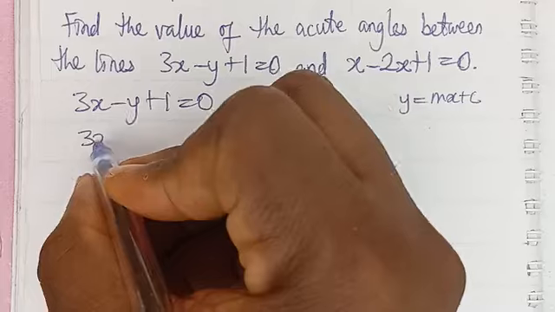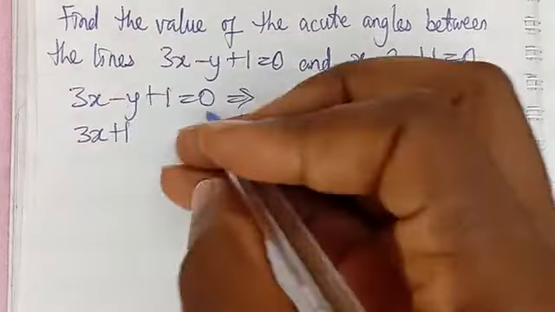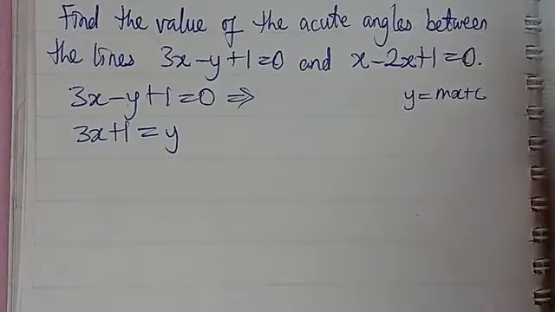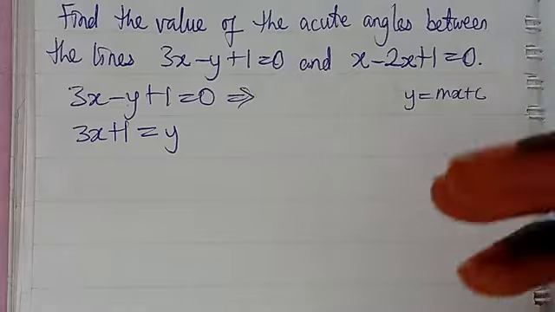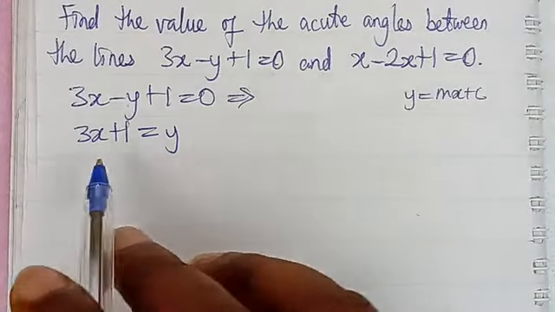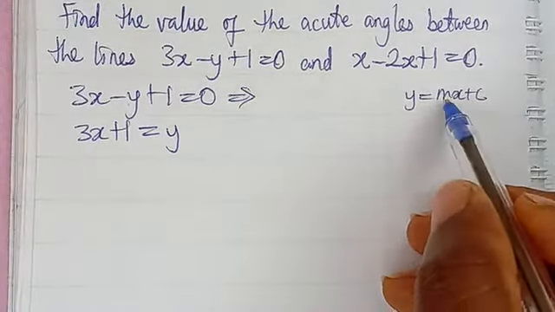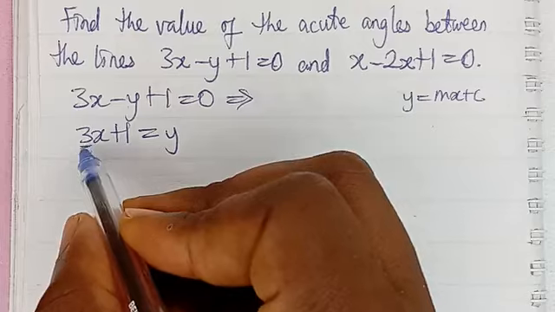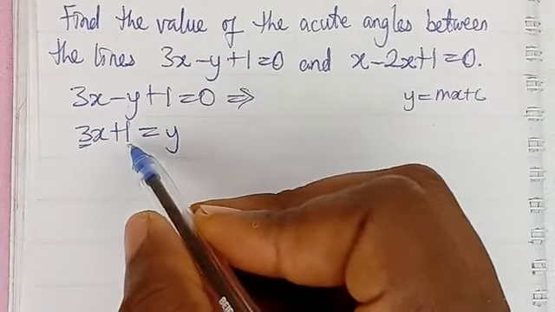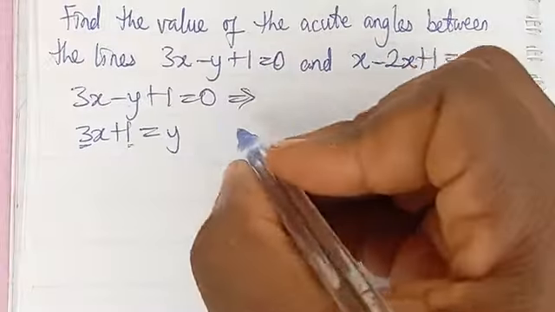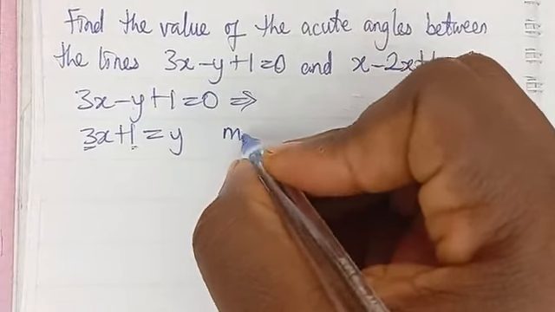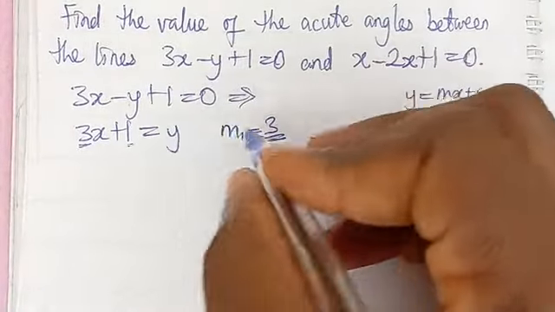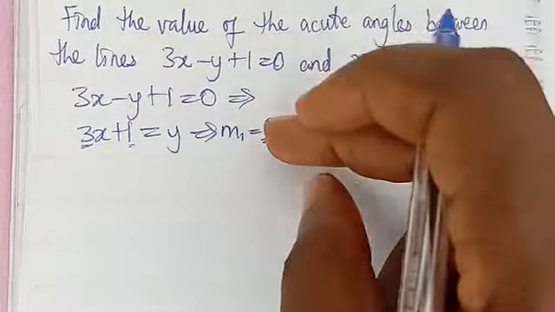That is, we are going to have 3x plus 1 on this side equal to, instead of negative y, positive y. If we compare the two equations, we see that this is the gradient of the line and this is c, the constant. So m1 is equal to 3.